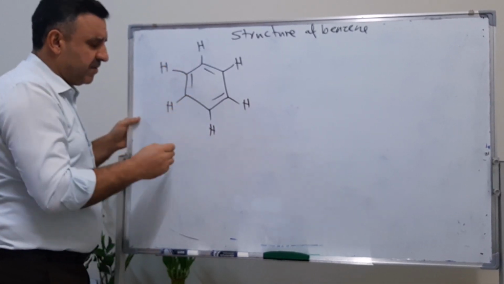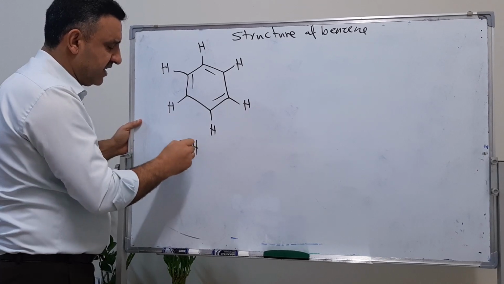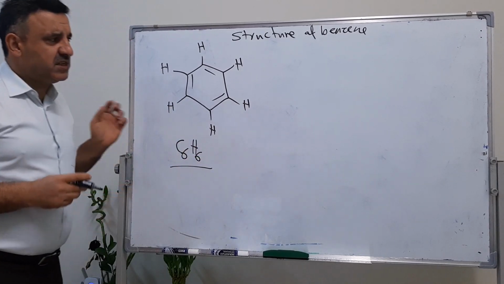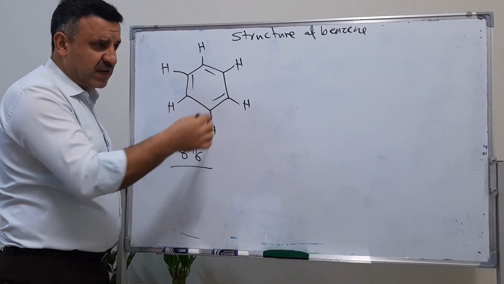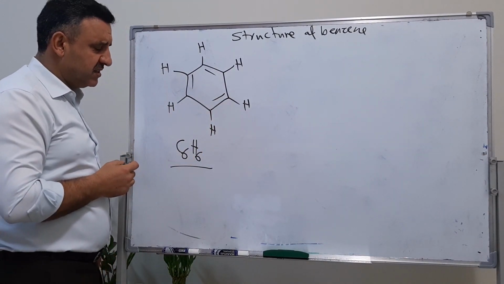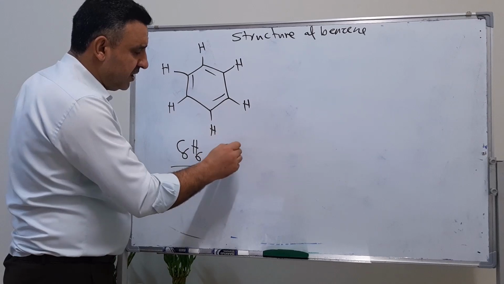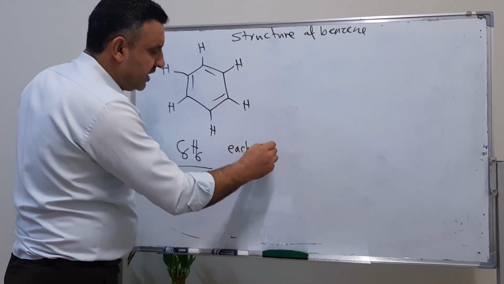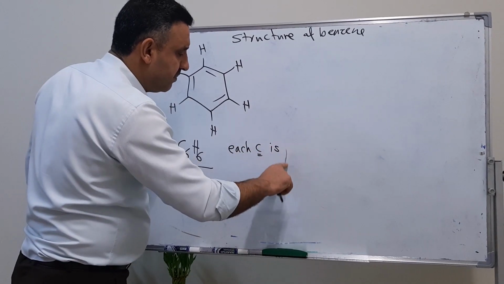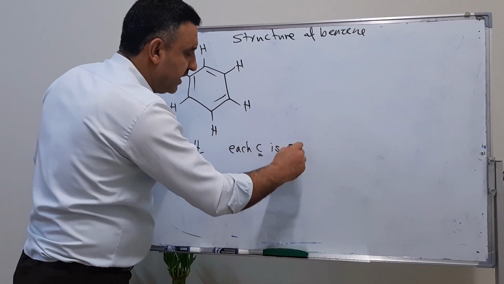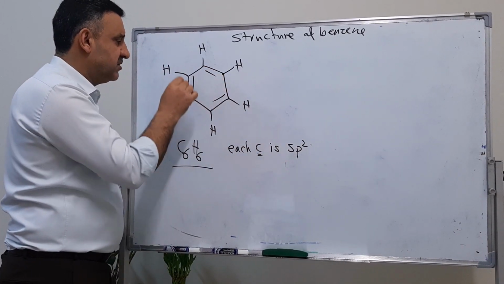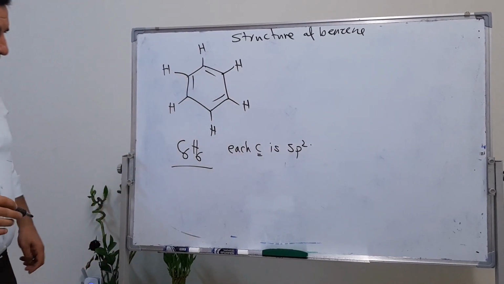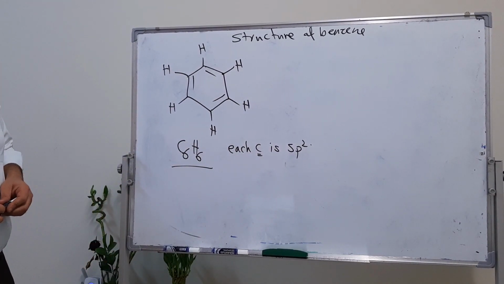And the molecular formula of benzene is C6H6. As you can see here, we have 3 double bonds inside the cyclic system, and each carbon here is sp2 hybridized. Because every carbon here is sp2, sp2, sp2, sp2, and so on. You follow me? So this is the structure of benzene.